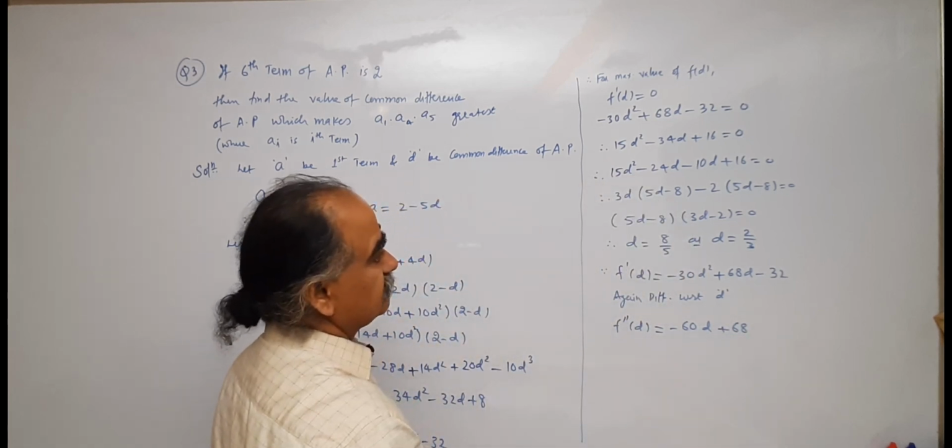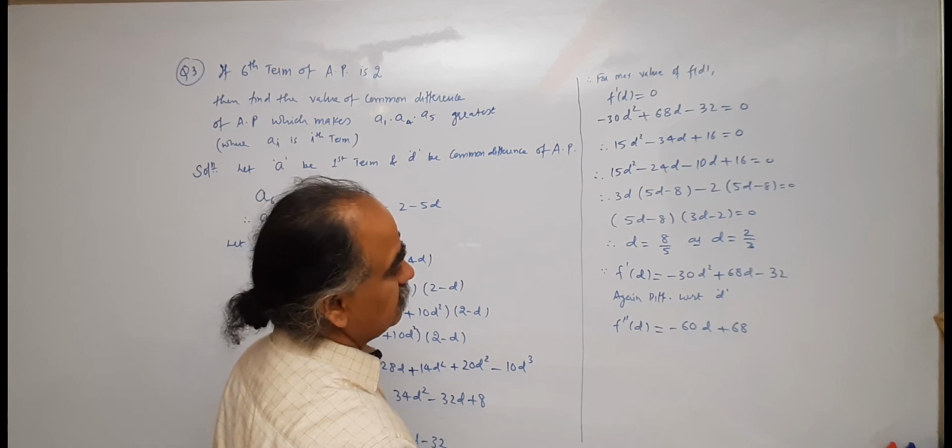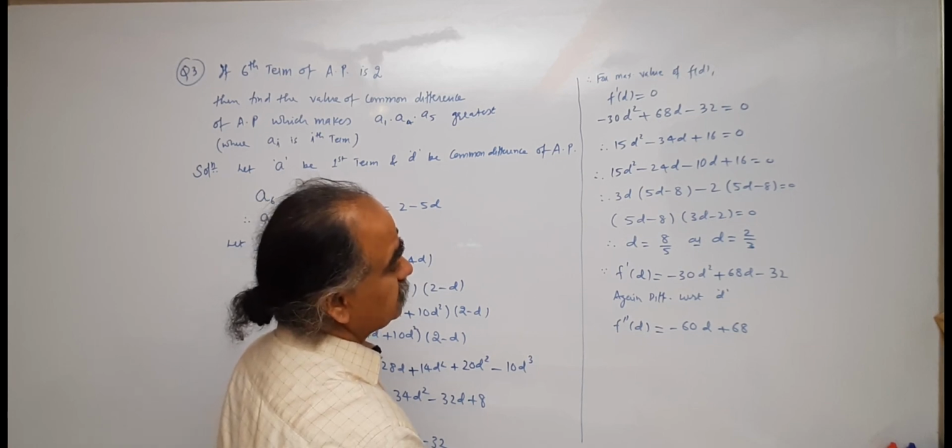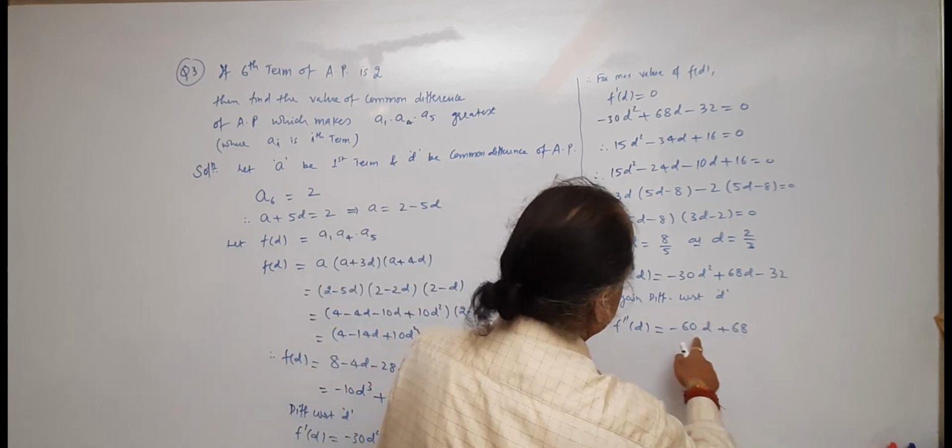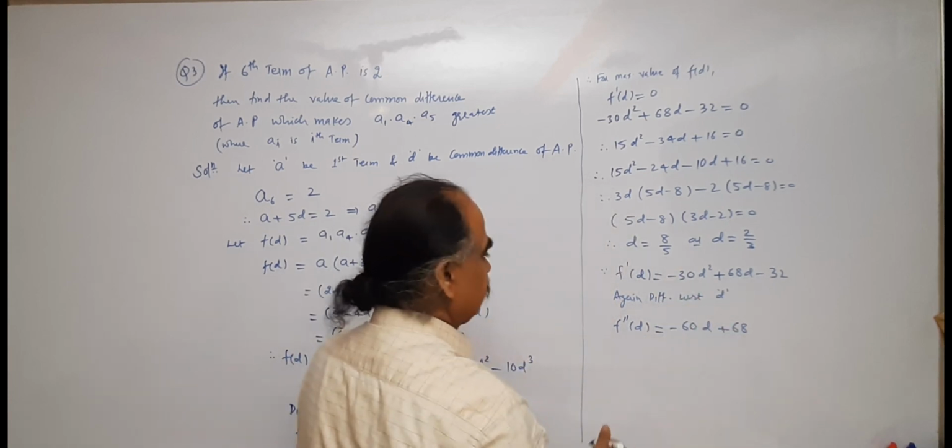If you replace 2 by 3, will give you what? We want a negative value. 8 by 5 will give you negative.